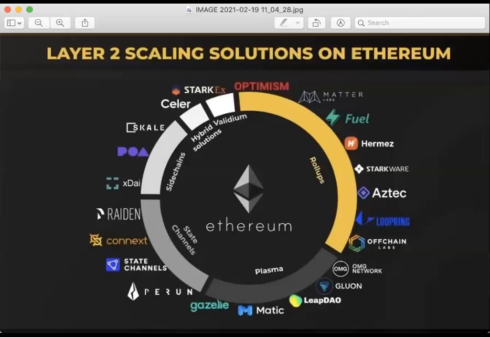Layer 2, from my understanding, and the way I think about it, is rooted in the security of layer 1. So that's why it's on top of or secondary to layer 1, which is mainnet Ethereum, is the assumption here. And then you have side chains like XDAI, for example, with its own security and consensus, and it is considered sometimes like a layer 2 solution, but it doesn't depend on layer 1 security at all on ETH.